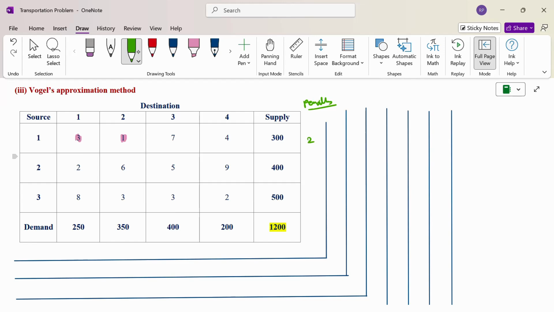And then the second row, 2 least numbers 2 5. For these 2, difference 3. Then the third row, 2 3. 2 least numbers 2 3. This 3 also we can include, not an issue. So the difference is 1.